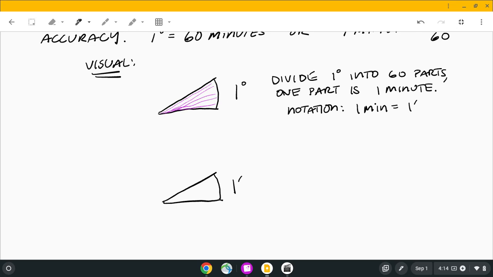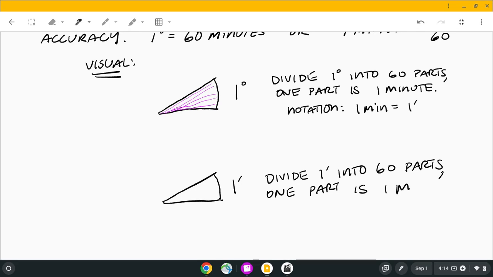What happens is we divide this itty bitty piece. It's already pretty tiny, right? Now if we take that tiny piece and divide it into 60 parts, then 1 part is 1 second.